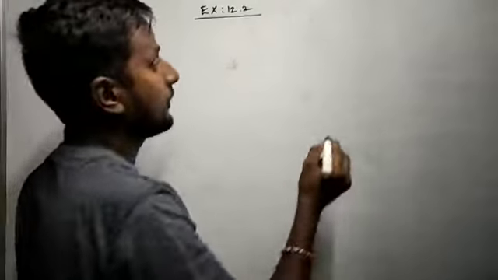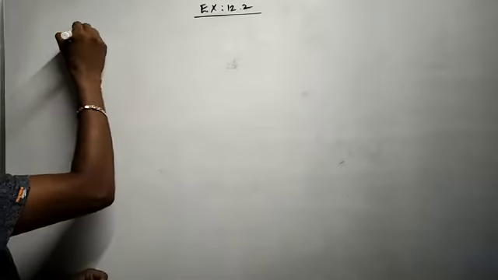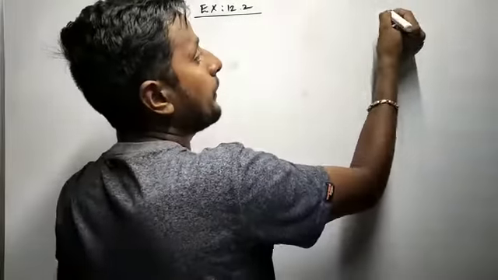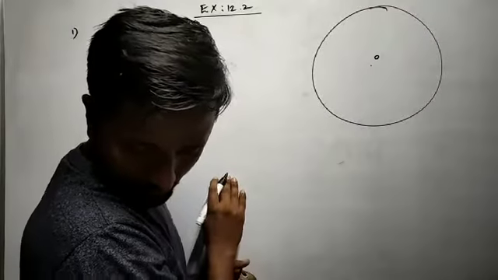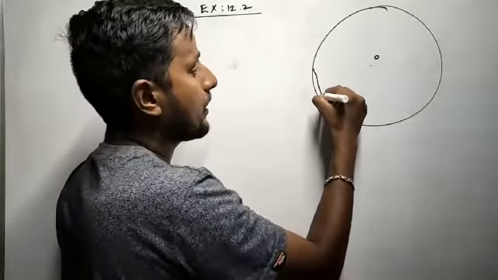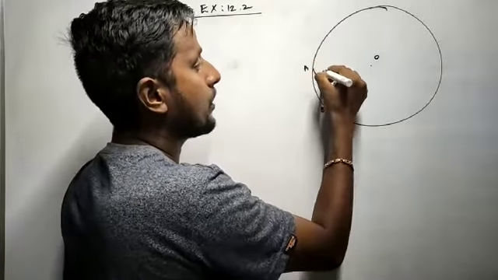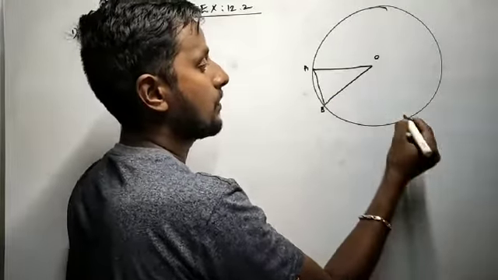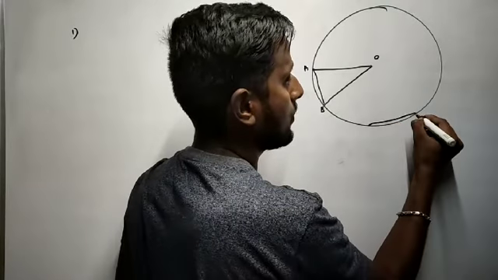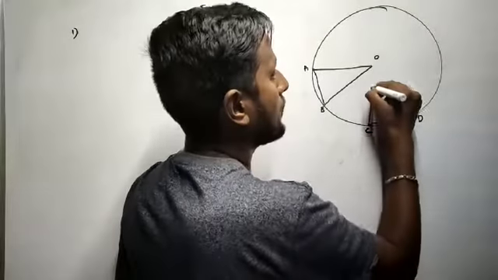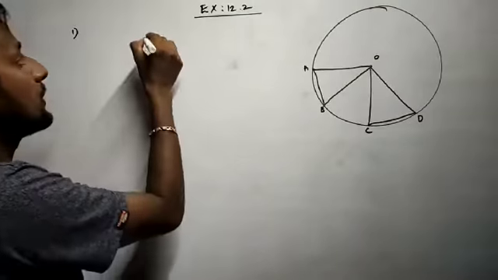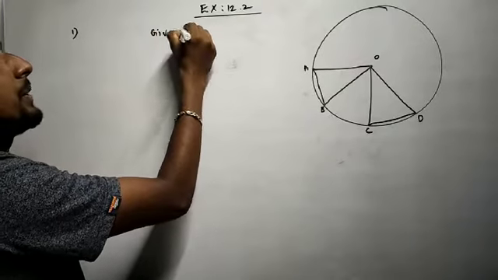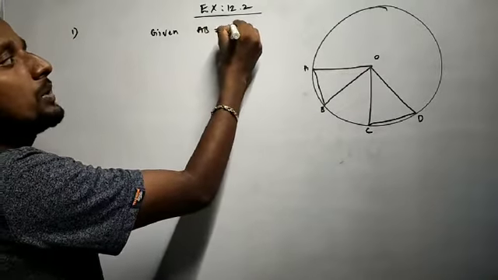Next, problem 1. AB is a chord, CD is also a chord, both joined to the center. What is the given information here? AB is equal to CD.